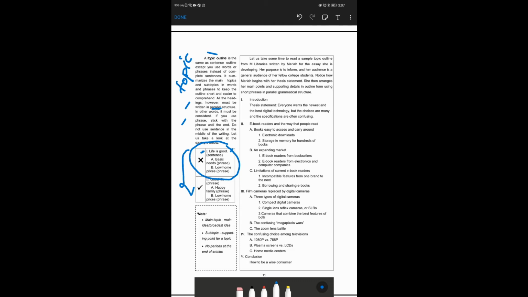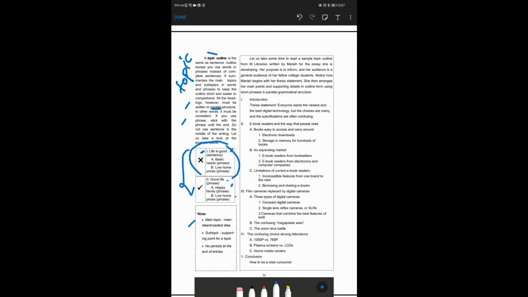So, inconsistent siya. So, para maging tama siya, ang kailangan mong gamitin ay ito. Here. So, good life, happy family, low home prices. So, consistent na siya. Puro na siya keywords or phrases lang. So, yun lang yun. Okay?